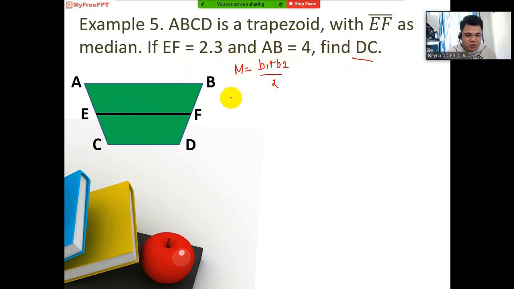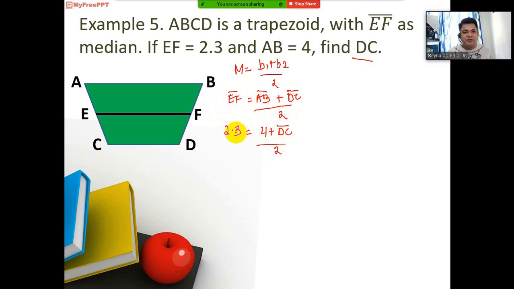Then substitute first the representation of the values: segment EF equals AB plus segment DC all over 2. Then substitute the values: segment EF is 2.3, segment AB is 4 plus segment DC over 2.